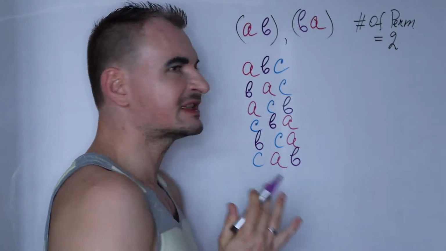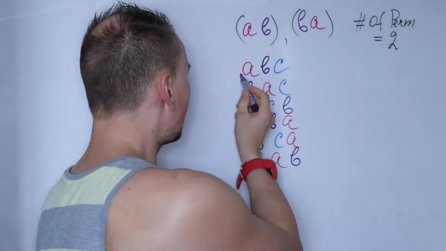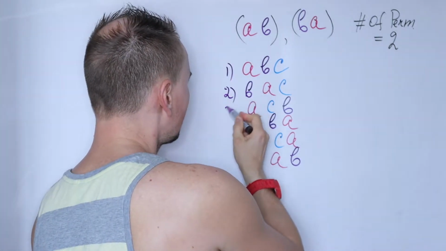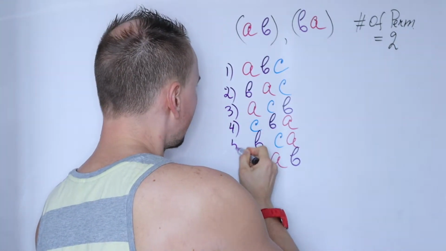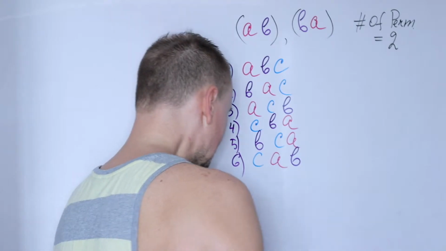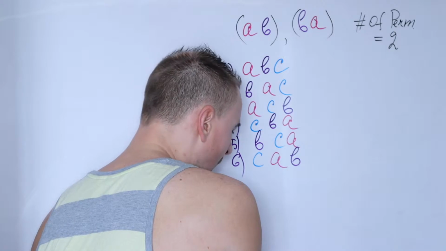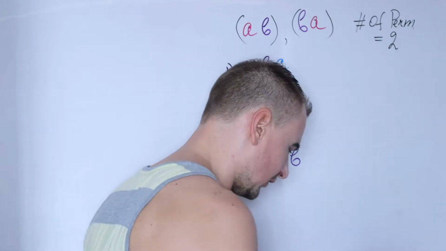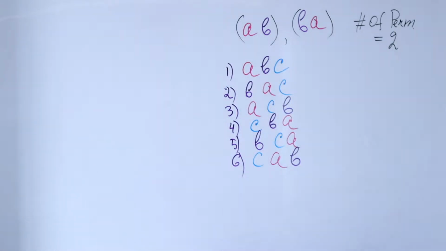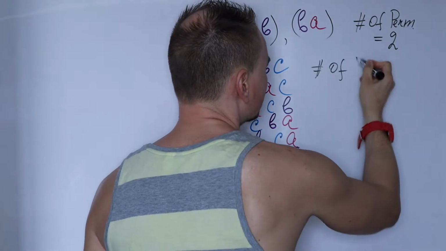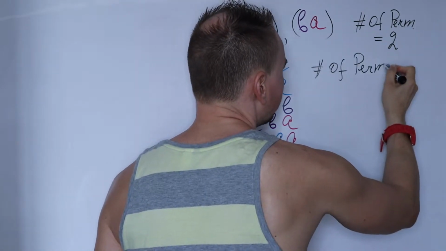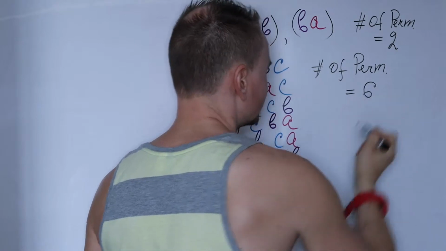Now, you could simply count them. So you have 1, 2, 3, 4, 5, and 6. So the total number of permutations for three objects is 6.